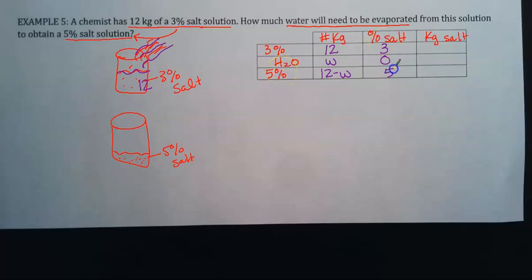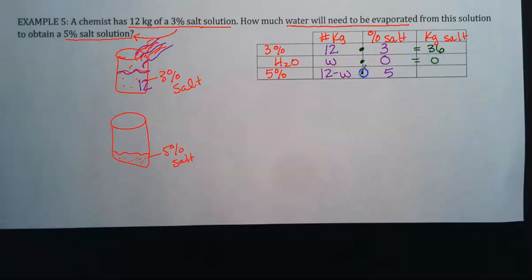It's 5. Nice. All right, and the way that we get our third column down here, if we don't have anything filled in, is we multiply. So we've got 12 times 3 equals 36. W times 0 equals 0.